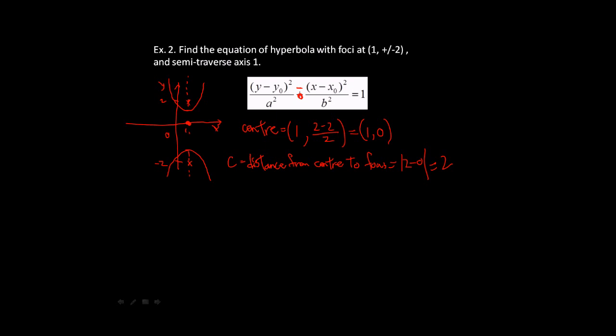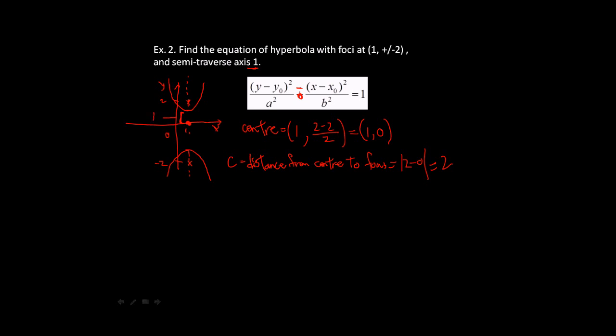Now we are going to find A and B. Alright? So how are we going to do that? Now in the question it tells us that the semi-transverse axis is 1. So what does that mean? The semi-transverse axis is actually the distance between the vertex and the center. So what it means is this gap has the distance 1.